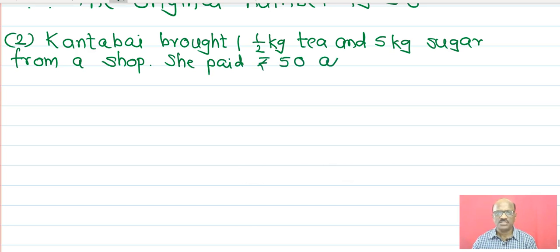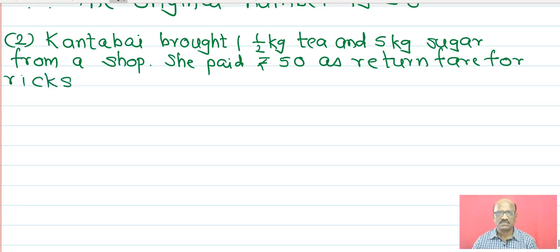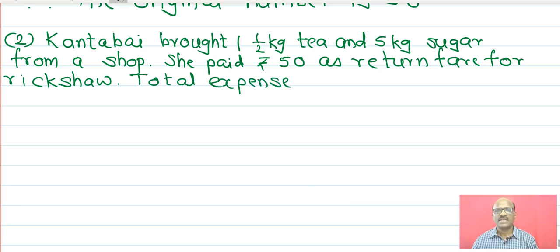She paid rupees 50 as a return fare, rickshaw. Total expense was rupees 700.